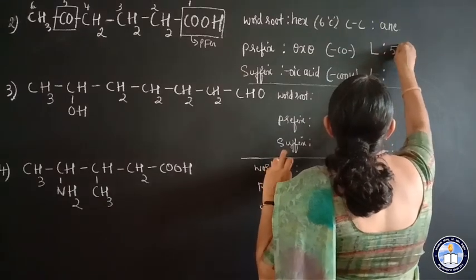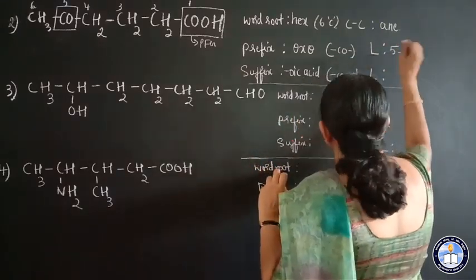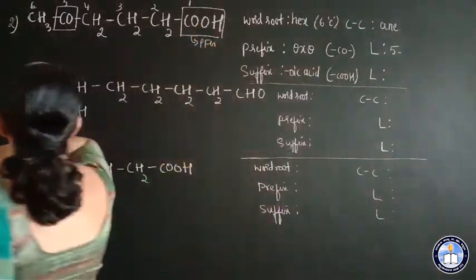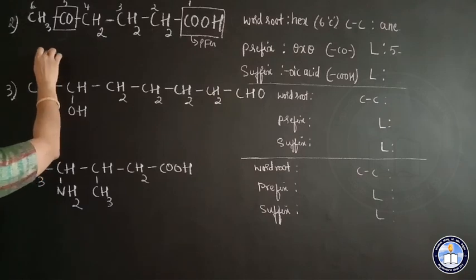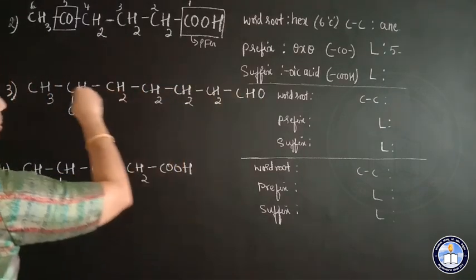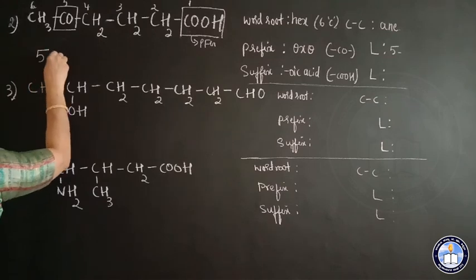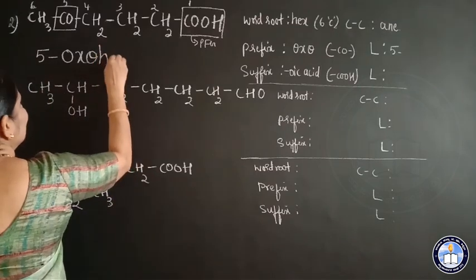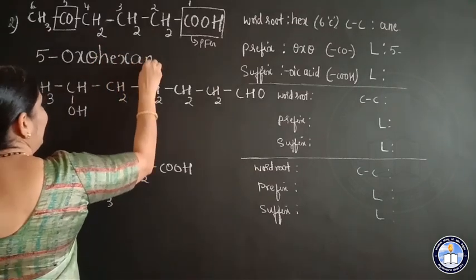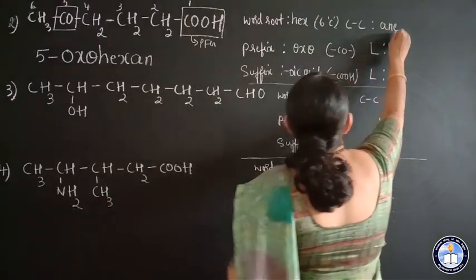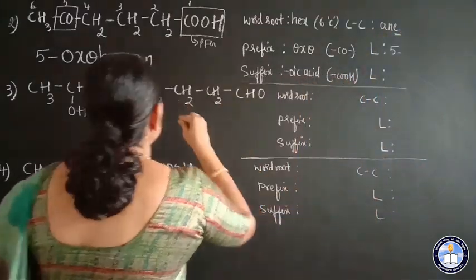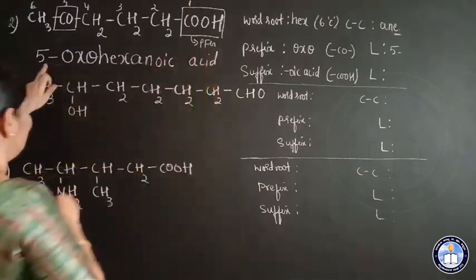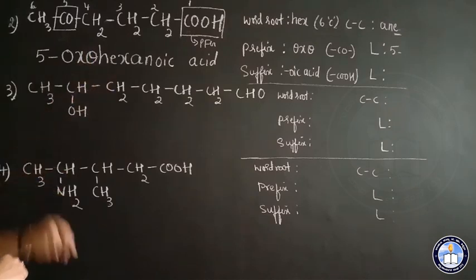There is no need to write a locant for the terminal functional group. Writing the prefix first, the locant is 5, so 5-oxo, word root hex, AN, and the ending E of AN is replaced by oic acid. So 5-oxohexanoic acid.